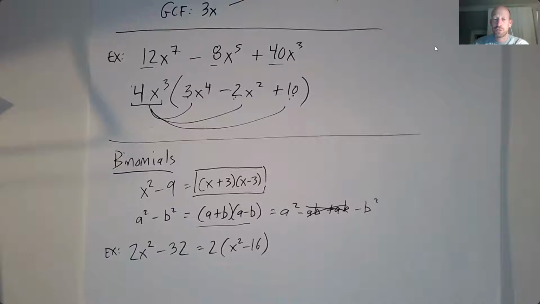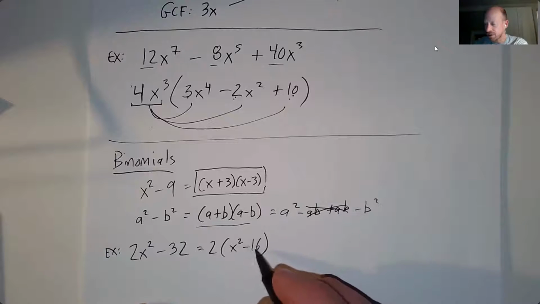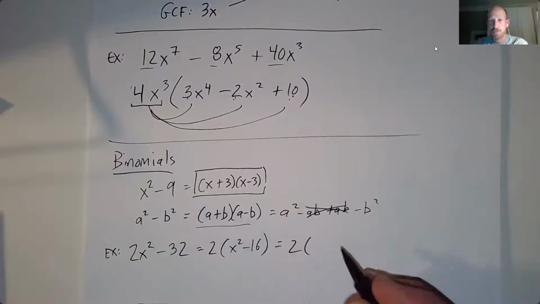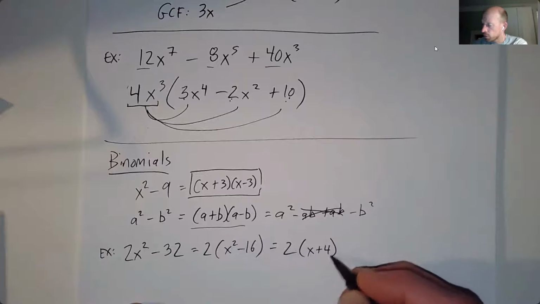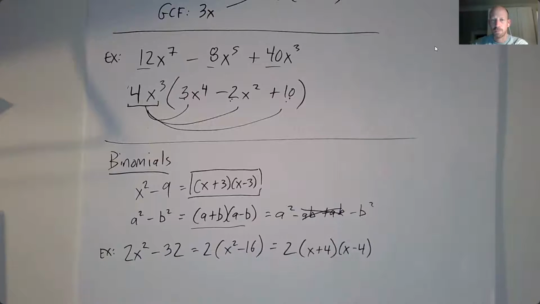So we can pull the 2 out in front, which gives us x squared minus 16. So we pulled the GCF out, and now we can see this is the difference of 2 squares, just like the last problem. We keep the 2 there, and this will now become x plus 4 times x minus 4.